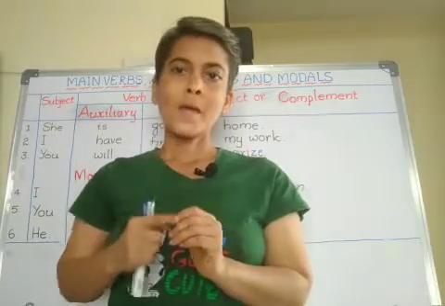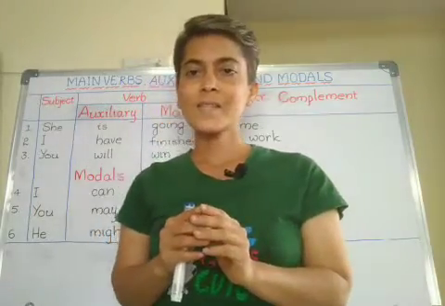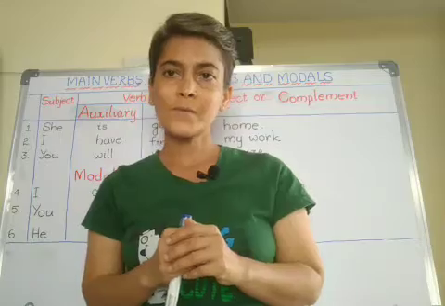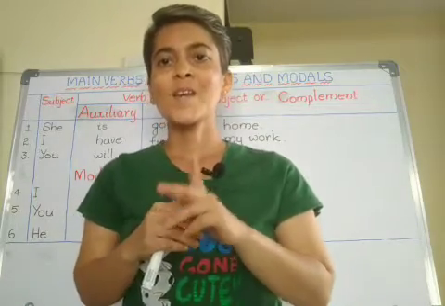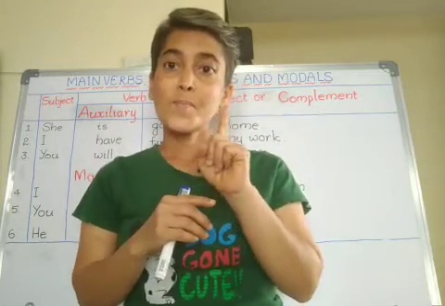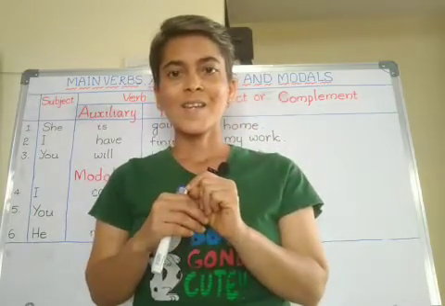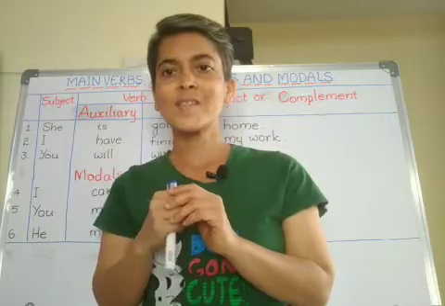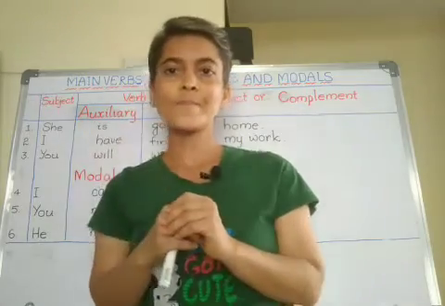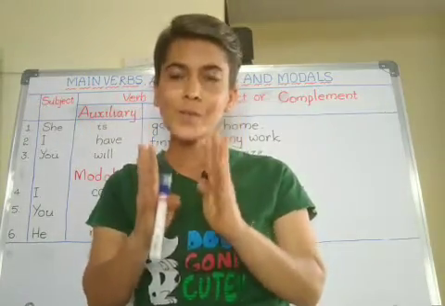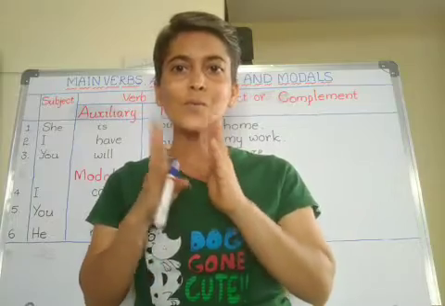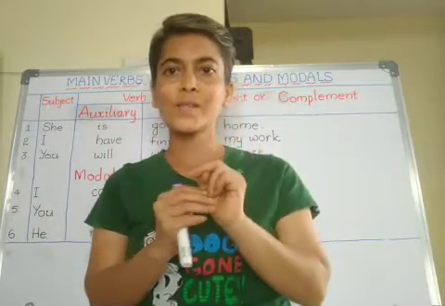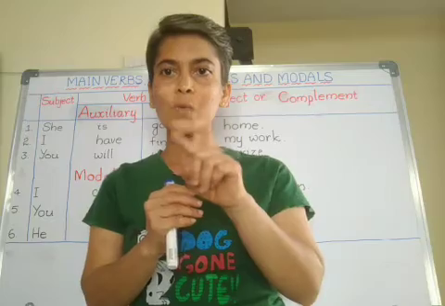Friends, English has two types of verbs. One, main verbs. Two, auxiliaries or helping verbs. Helping verbs, we have to remember, are of two types.